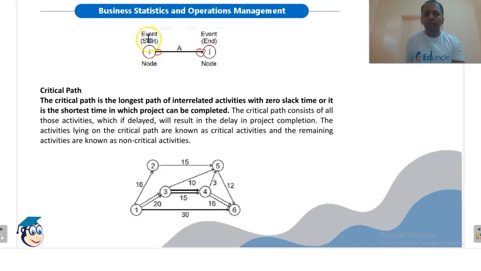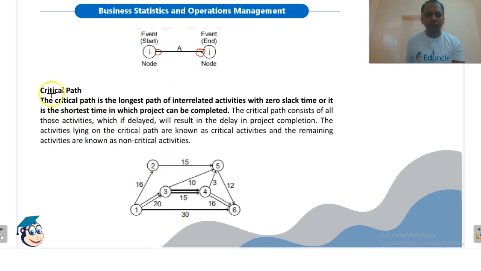This is the start event, because this activity A starts from here. And this event is the end event of this particular activity A. So these are events and activity. And in the network diagram, we draw events or nodes and activities or arrows like this to show the precedence relationship between various activities. I will explain it in the later part.